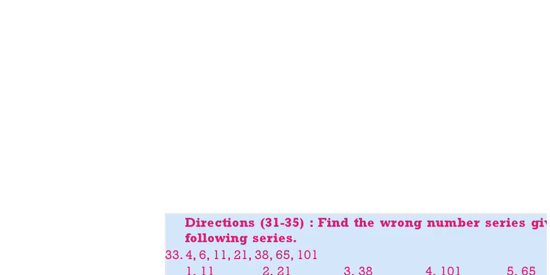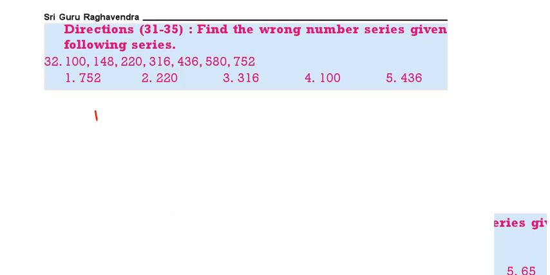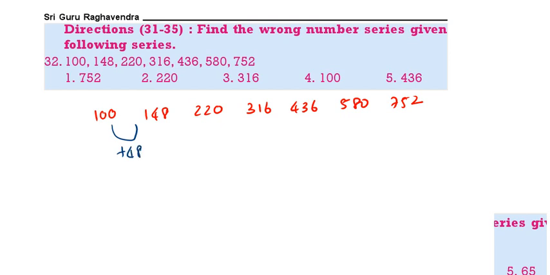Next question. Find the wrong number in the given series 100, 148, 220, 316, 436, 580 and 752. Now here the gap is 48, this will be 72, this will be 96, this will be 120.